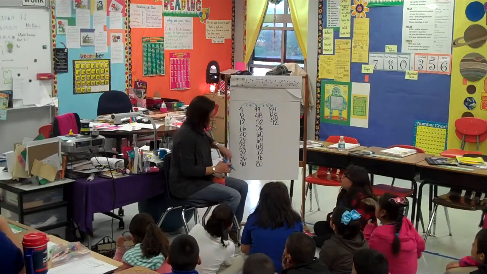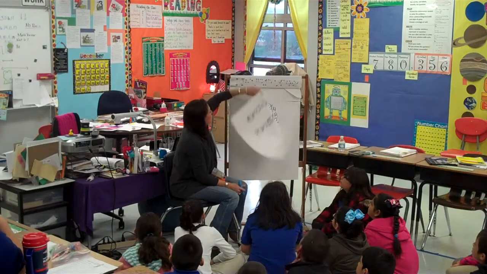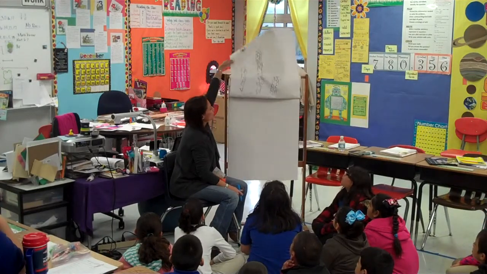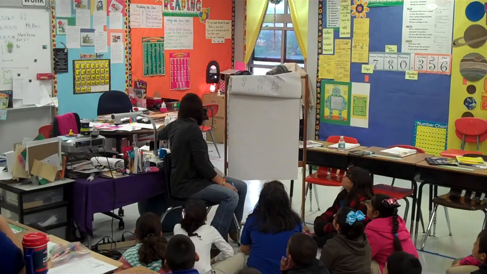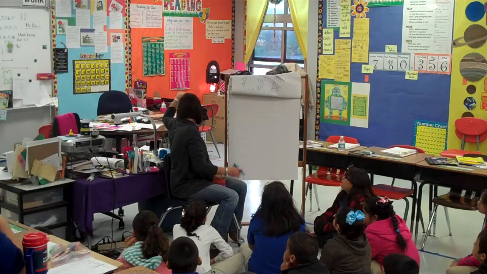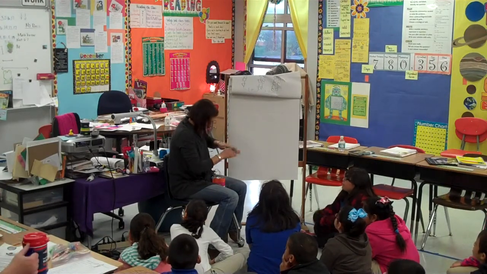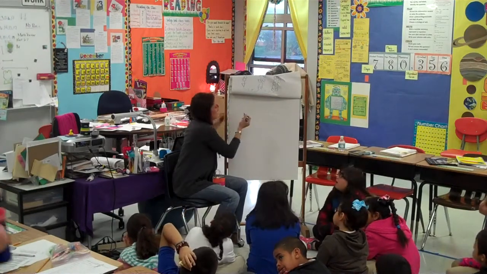Now, I'm going to show you. I'm going to write something down, and we're not going to talk. You're going to think about this. And then I will give everybody a chance to share with their partners, and then we'll talk.